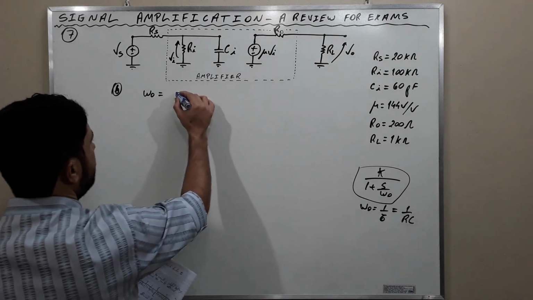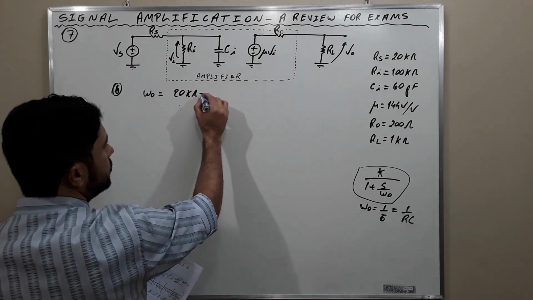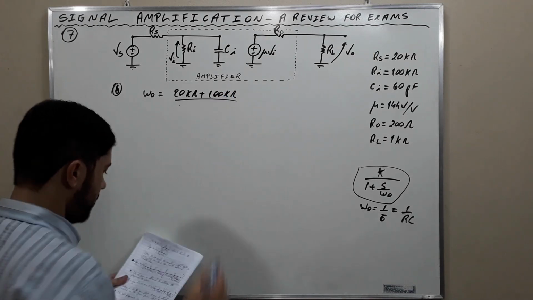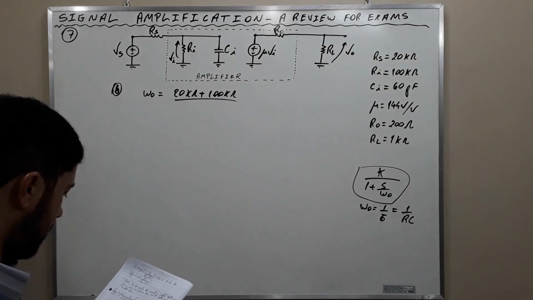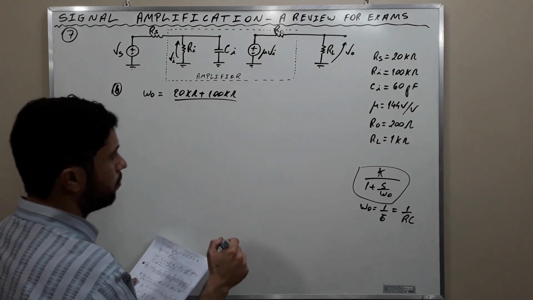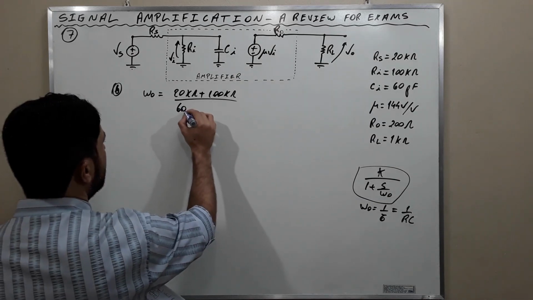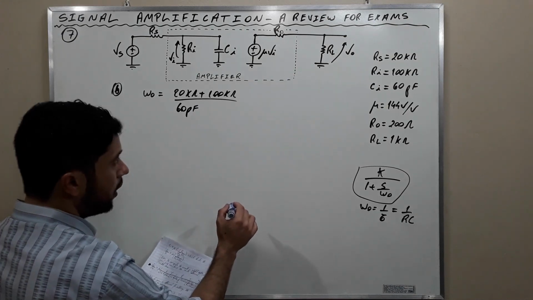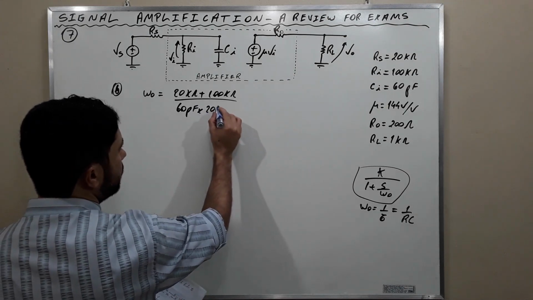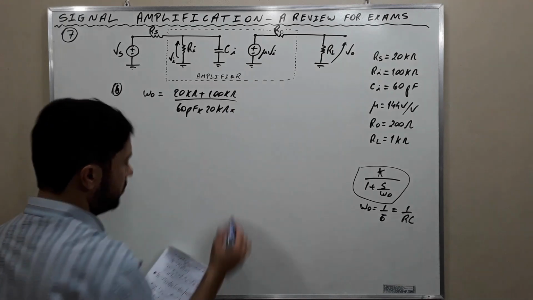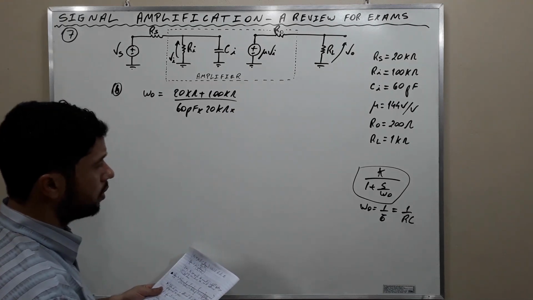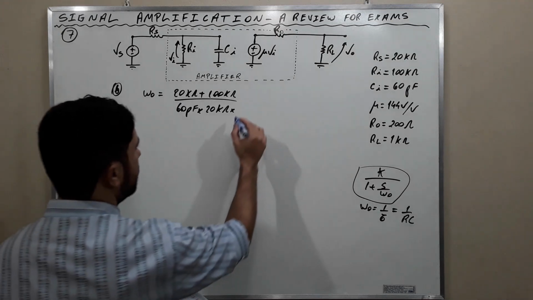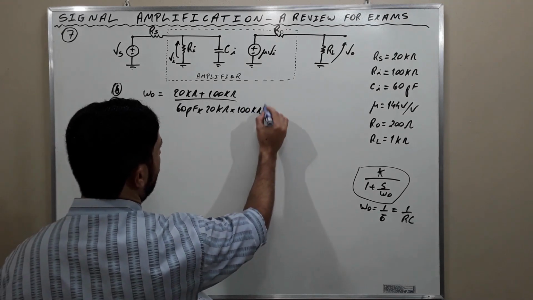RS is 20 kilo ohms, RI 100 kilo ohms, divided by the capacitor 60 picofarad times RS 20 kilo ohms times RI, which is 100 kilo ohms.